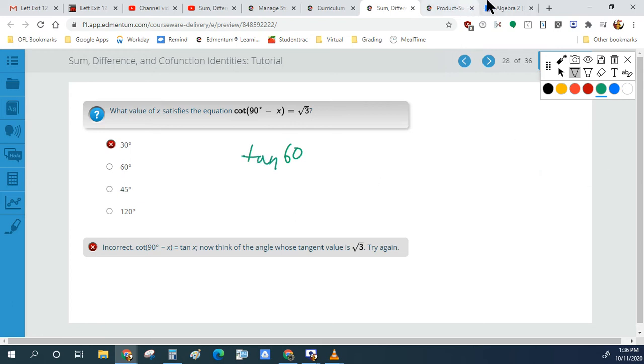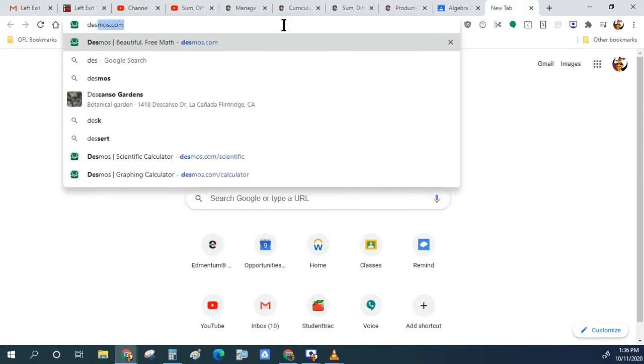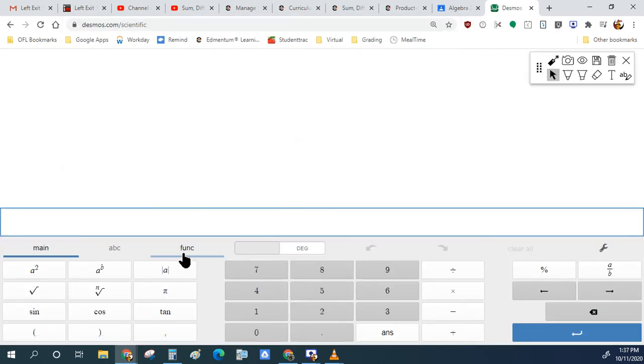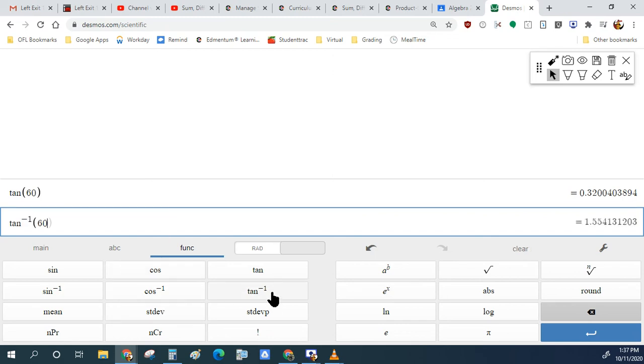I'm just going to verify using Desmos, the scientific calculator. Function tangent of 60 degrees. Oh, shoot. Inverse.